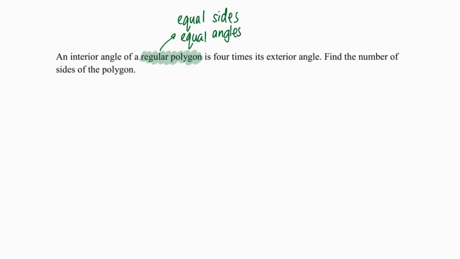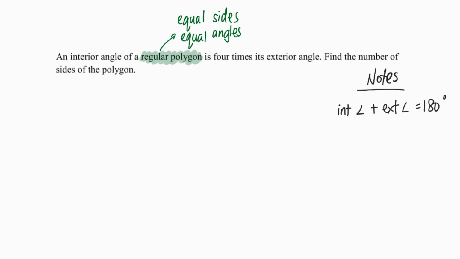And the interior angle is 4 times the exterior angle. And of course, at the side, please also take note that interior angle plus exterior angle is equal to 180 degrees.